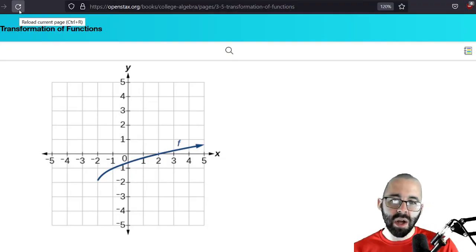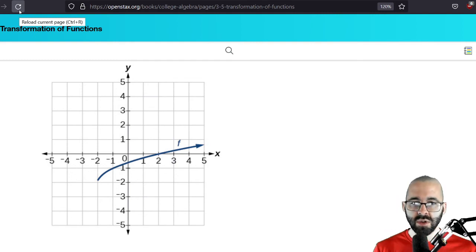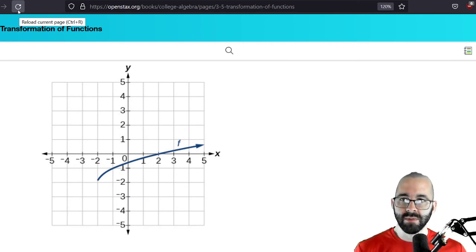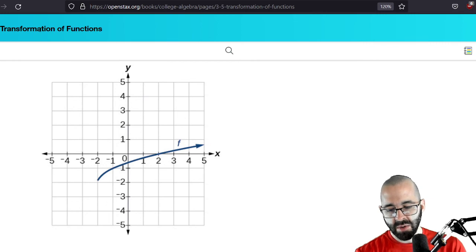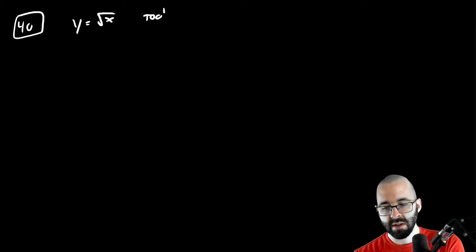So we're starting by identifying what toolkit function this is. And again, if you're uncomfortable with toolkit functions, look at section 3.2. That has all the toolkit functions here. It's a section on domain and range, but it's a good one. And one of them should look like this. All right, and once you find that, you should be able to find that this is our toolkit.